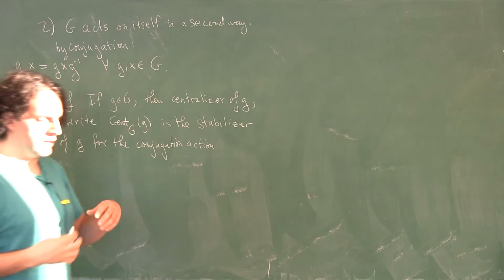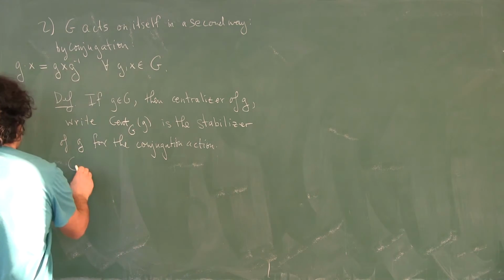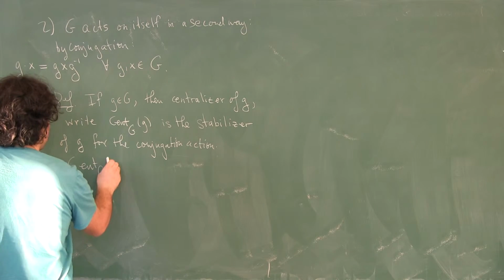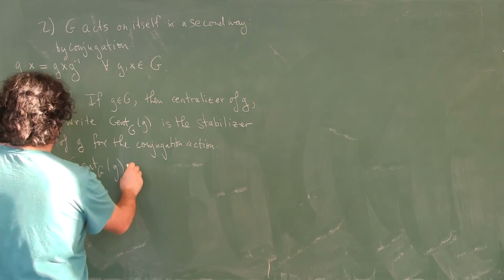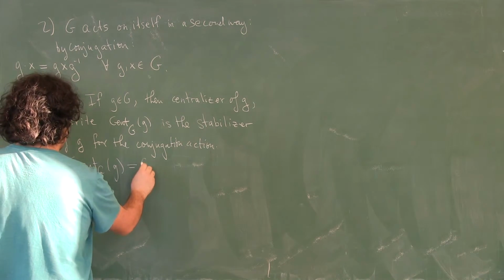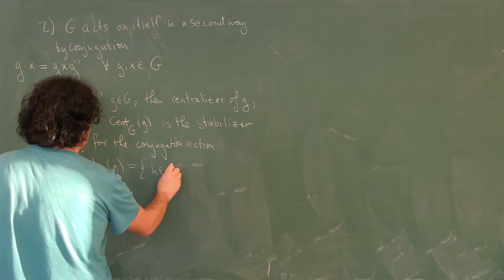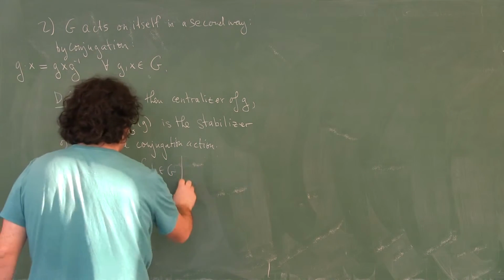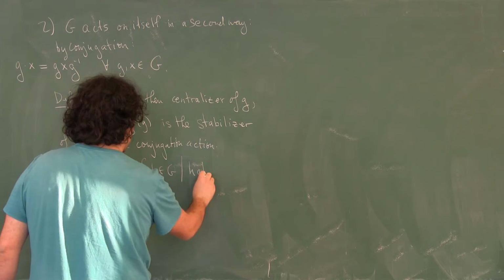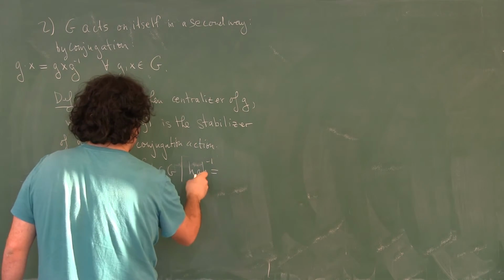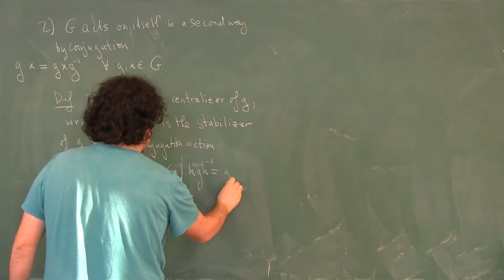But let's unpack what this means. The centralizer of g in G, if we look at the definition of conjugation, is the set of h in G such that hgh inverse gives back g.